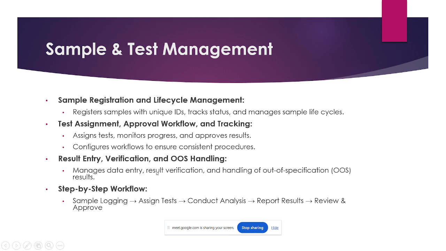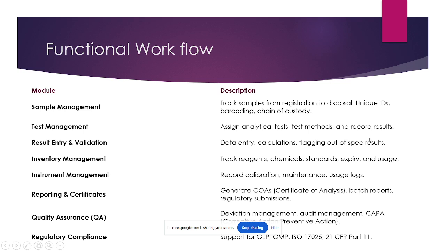During review verification we check whether there is an OS or not. If there is an OS, it is triggered automatically when you do the result entry, whether an OS is generated or not. But anyway, further verification and review are required. Once they have reviewed that sample, we can generate the COA. Okay, if an OS is generated in the LIMS, it will automatically be triggered in the quality assurance module.